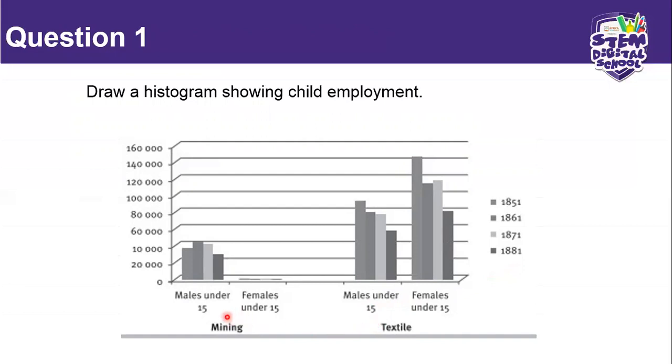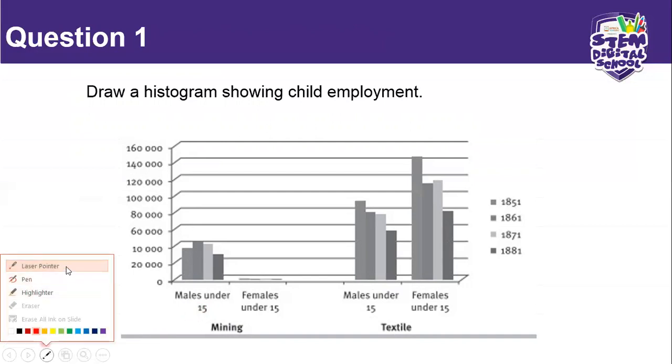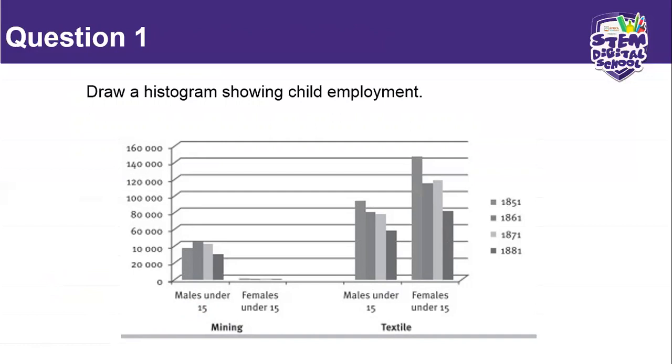Here we've got the males and females under 15 who are working in the mining industry. So you were supposed to draw a histogram like this one. I hope you did that. So just check your answer, check if you managed to do the same.